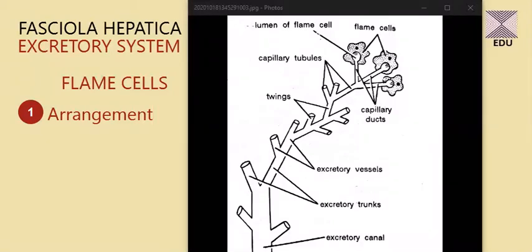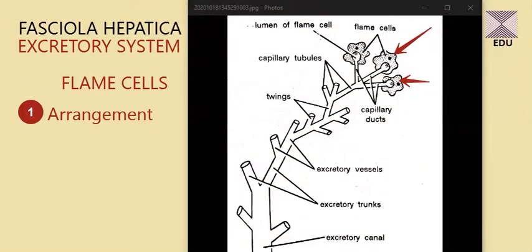Now students, in this diagram, you can see the arrangement of the flame cells and how they are connected to the main excretory canal. The diagram shows the flame cells; I'll take the structure of a single flame cell in the next diagram.